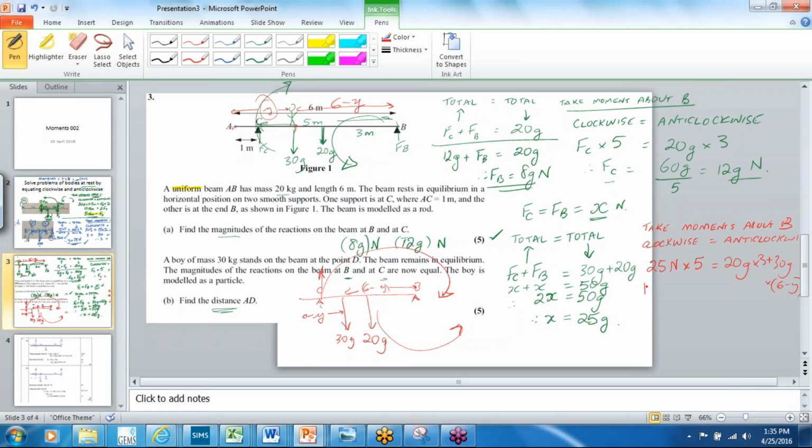So 125G newton meters equals 60G newton meters plus 30G lots of 6, 180G, minus 30G lots of y.